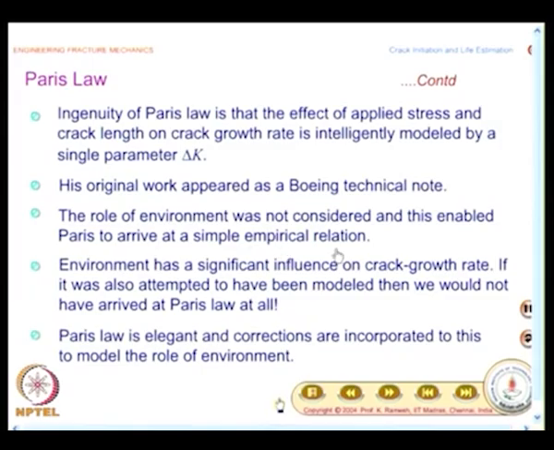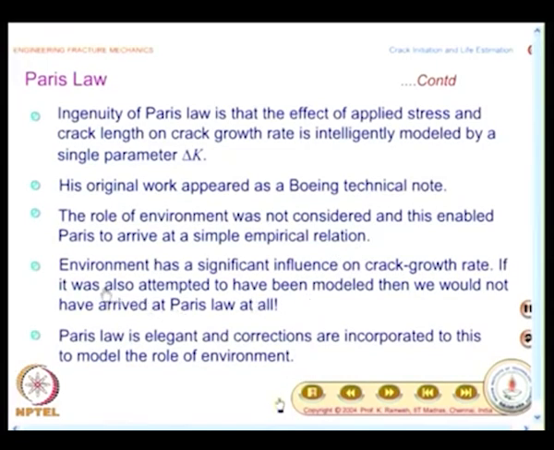See, in engineering, this is what we do. We try to model a particular phenomenon by a simpler expression. From experience, whatever the field results that they give, you bring in correction factors. So, this kind of approach is viable from a design practice point of view.